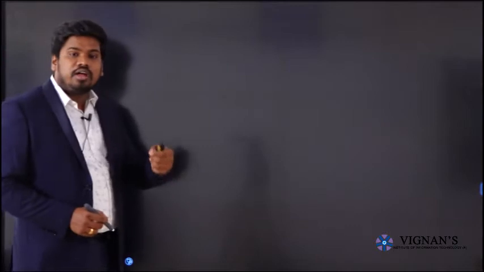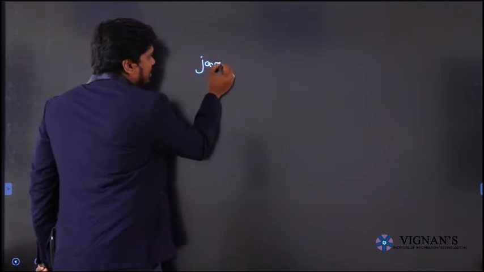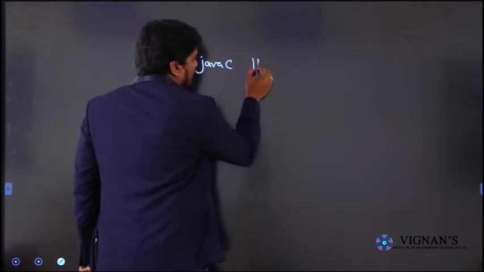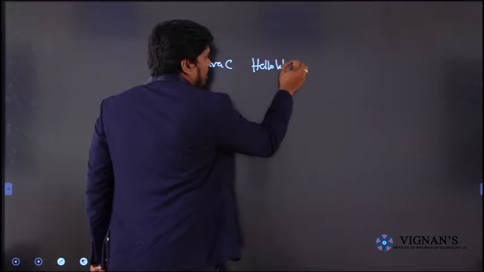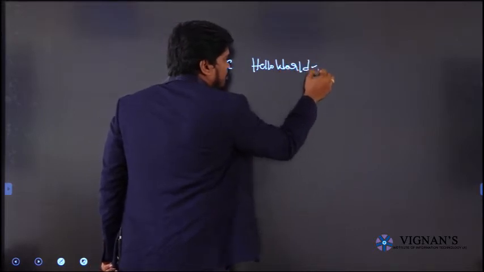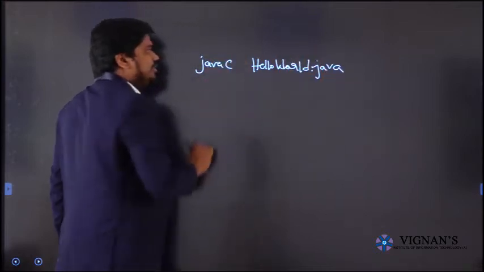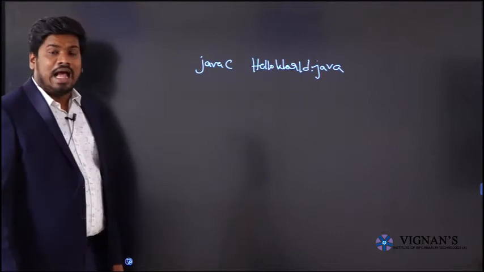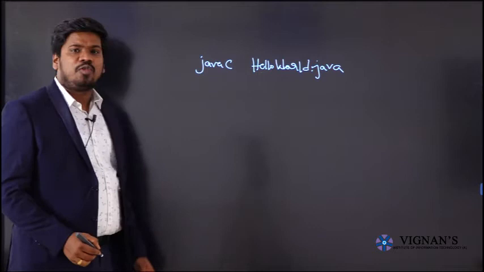If I want to compile my Java program, first of all I write javac, the Java compiler, and the name of my program, HelloWorld.java. This is the line I give in my command prompt. I am saying, hey Java compiler, compile my HelloWorld Java program.